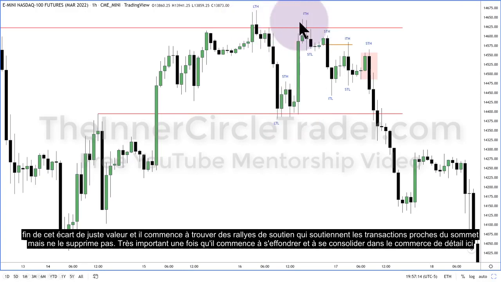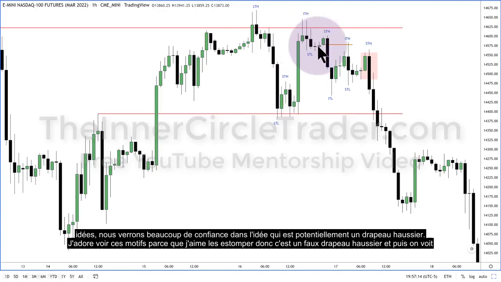Very important. Once it starts to break down and consolidate, in here, retail ideas will see a lot of trust in the idea that's potentially a bull flag. I love seeing those patterns because I like to fade them. So that's a false bull flag.